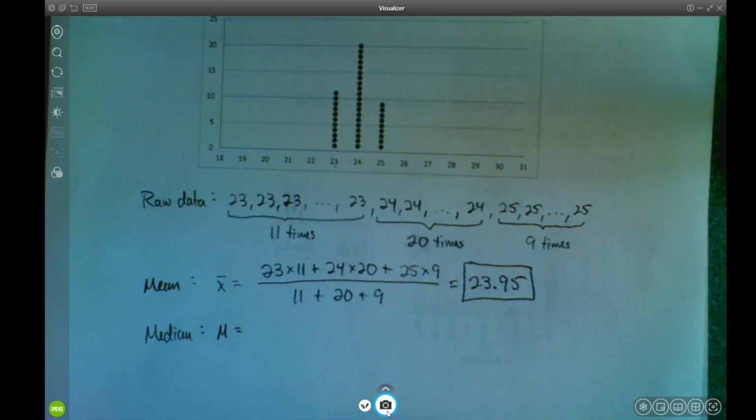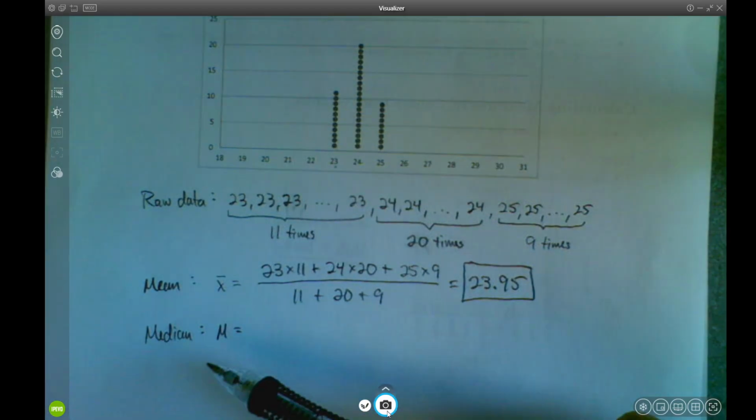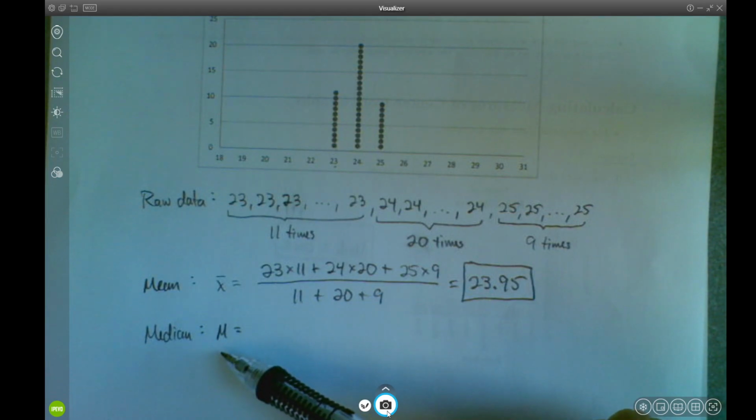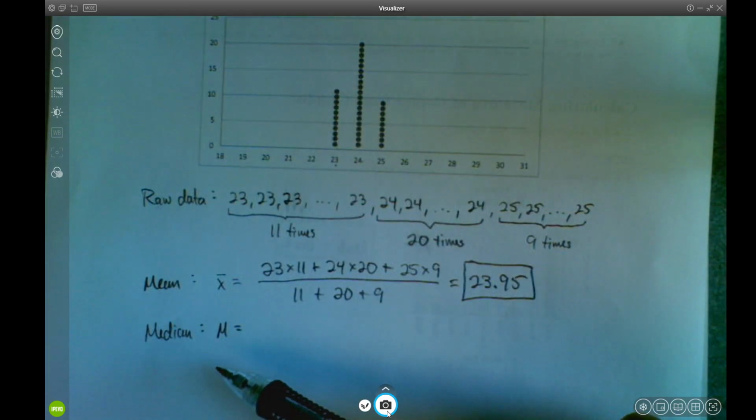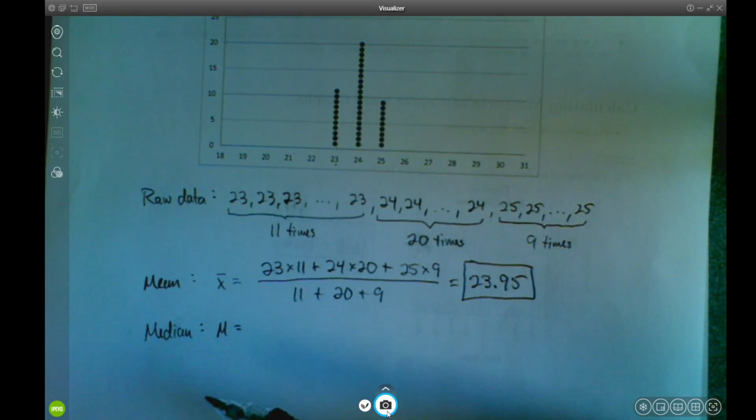Now the median is the value that's right in the middle of the list. With 40 values on your list, the middle value is going to be somewhere between position 20 and 21. Because if you get the value that's between position 20 and 21, there will be 20 values below it and 20 values above it.